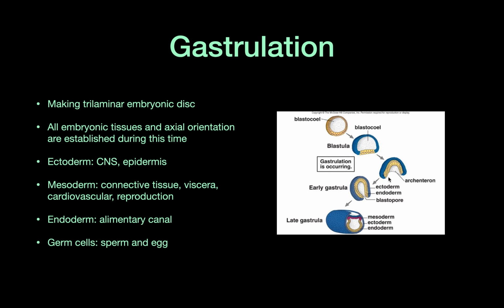But more importantly, you see these cuboidal cells become columnar, and they invaginate in, and then it folds over, creating the layers. And then this little pore here is the blastopore, and eventually it's closed over with the mesoderm, and then the ectoderm will close over all of that.